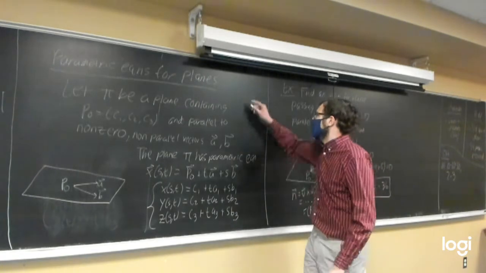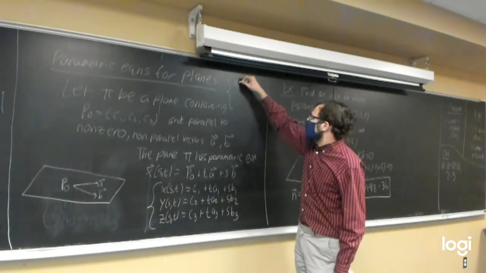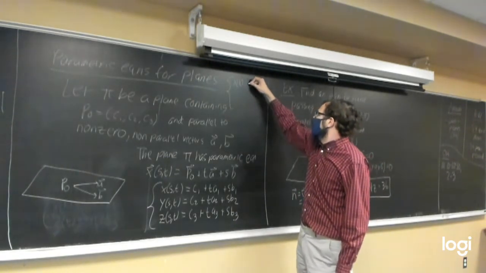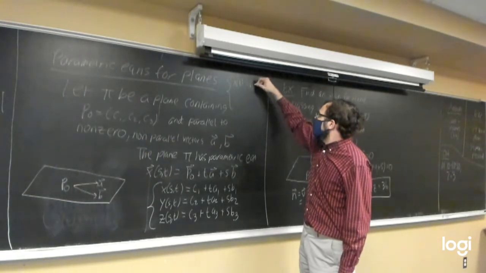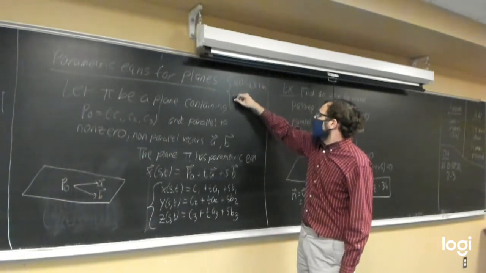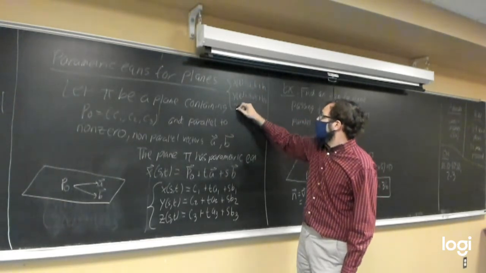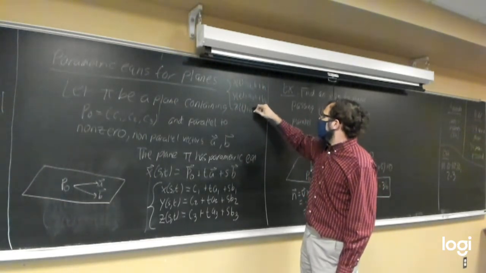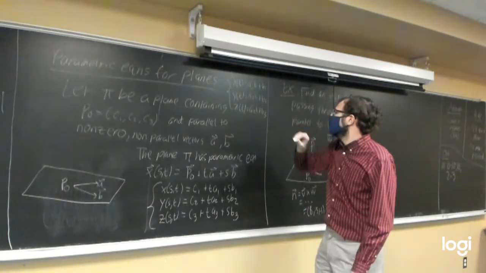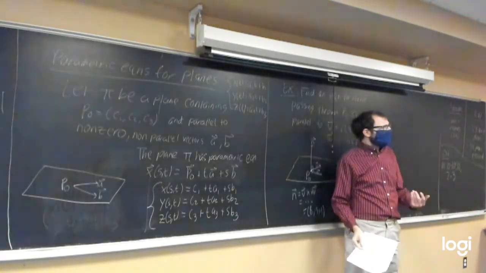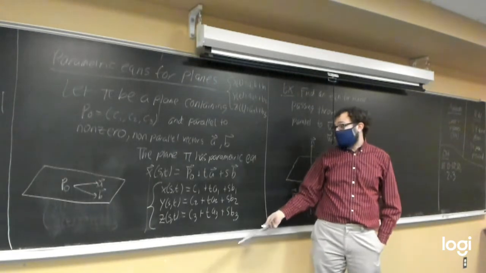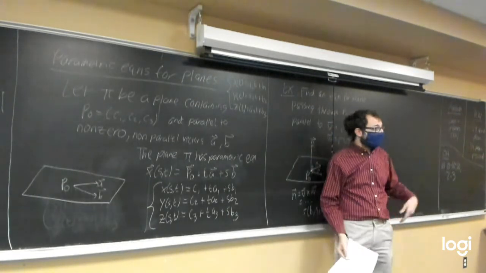Where the line equations, as a reminder, was like x of t equals a1t plus b1, y of t equals a2t plus b2, z of t was a3t plus b3. What mathematically makes our parametric equation for a plane different than the ones for a line? Ellen?